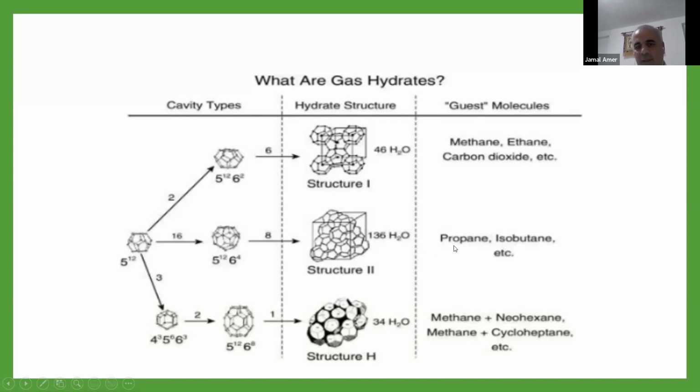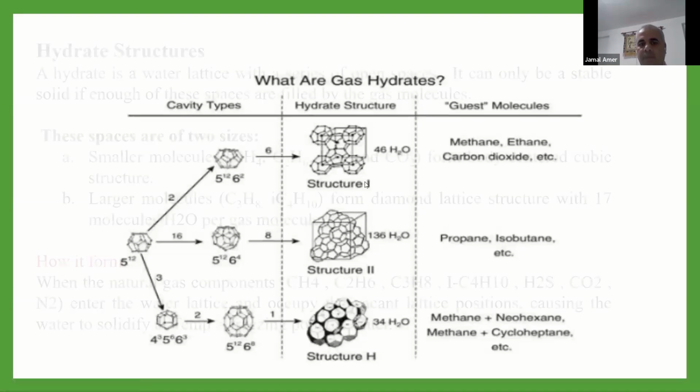While for a little bit heavier propane and isobutane, we have this shape of the hydrate structure, and here we have methane. This is the shape of the structure of the hydrate.